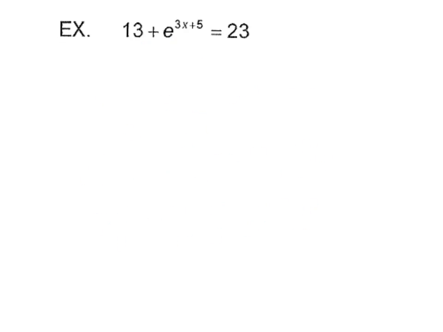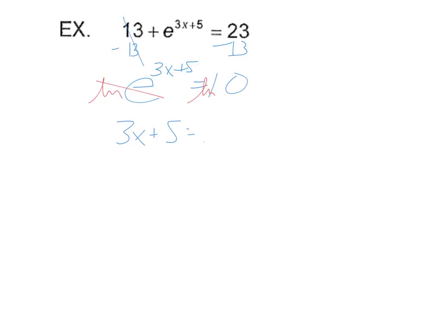13 plus e to the power of 3x plus 5 equals 23. Before you can natural log both sides, you need to get the e by itself. Subtract 13. e to the 3x plus 5 equals 10. Now I can do natural log on both sides. 3x plus 5 equals natural log of 10.